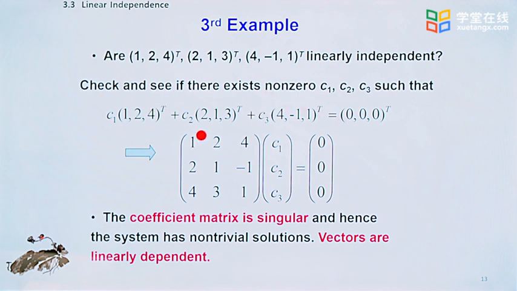The first column is 1, 2, 4, the second column is 2, 1, 3, and the third column is 4, minus 1, 1. For this homogeneous linear system, you can find this coefficient matrix is singular, and hence the system has a non-trivial solution. If we have a non-trivial solution, this means the vectors are linearly dependent.